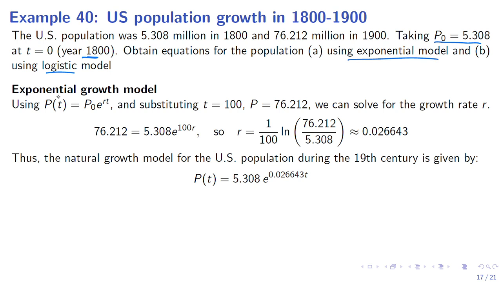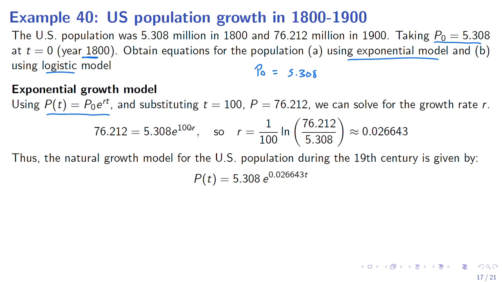If we consider the exponential growth model, we know the solution is given in terms of P naught e to the rt. All we need to do is identify P naught and r using the given data. Now, we know that P naught is the initial population, so P naught is 5.308.